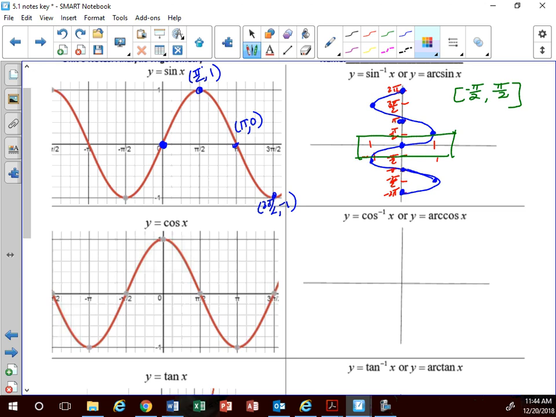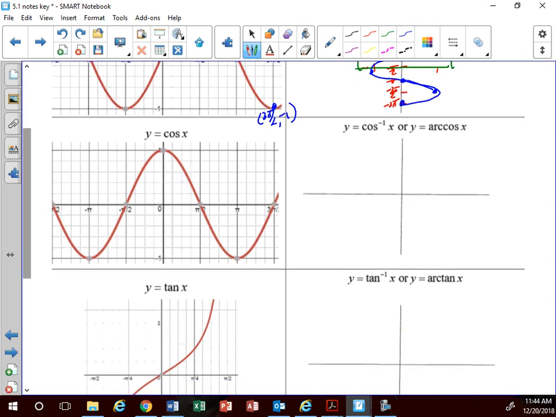All right, I want you to try to graph inverse cosine and pick your window. What do you think?